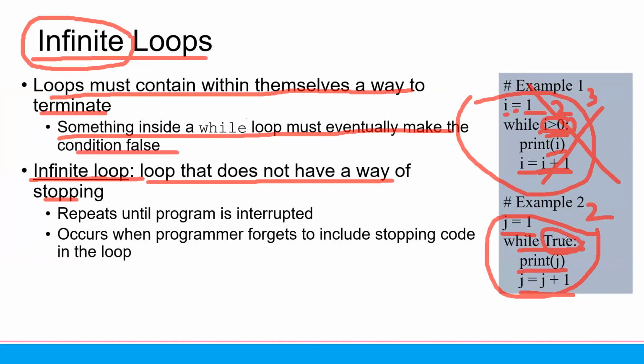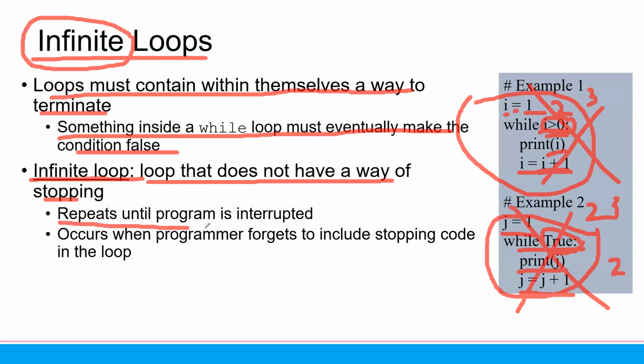While the condition is true. Okay. Print J. So it will print 2. J will be added by 1. So it becomes 3. It will always be true. So when does it become false? Never. So this kind of while is also wrong. It will make you an infinite loop.